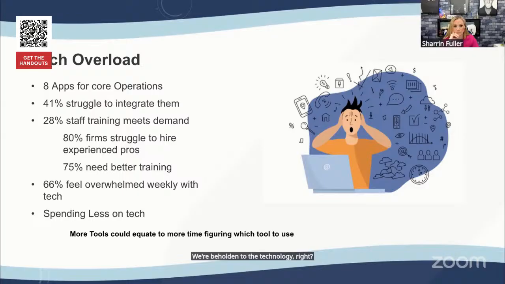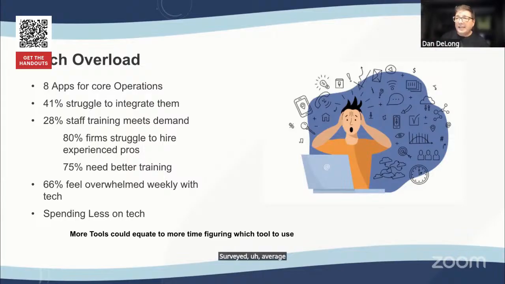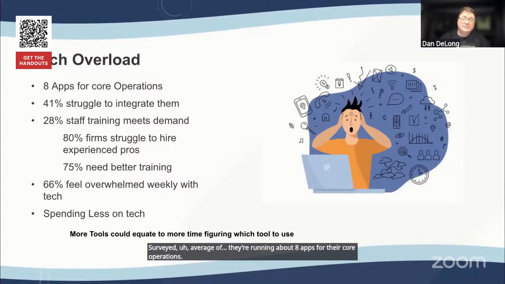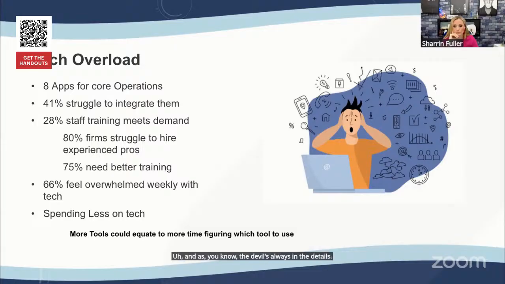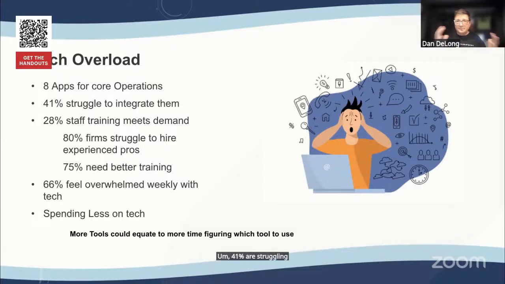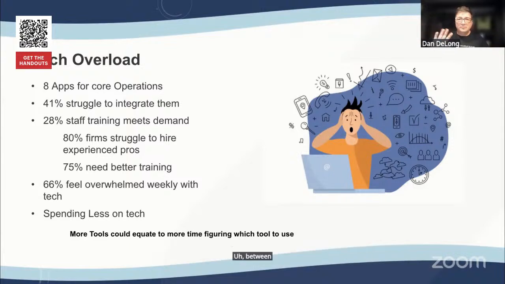Of those that were surveyed, on average they're running about 8 apps for their core operations, and the devil's always in the details. 41% are struggling to integrate them, so one thing over here doesn't really talk to something else, right?